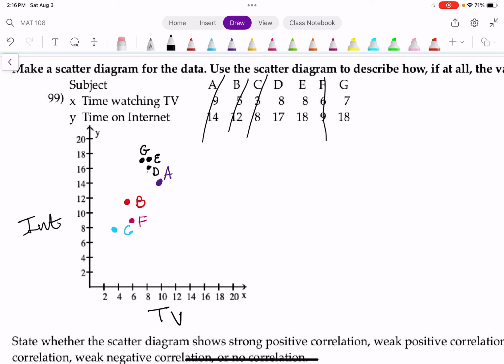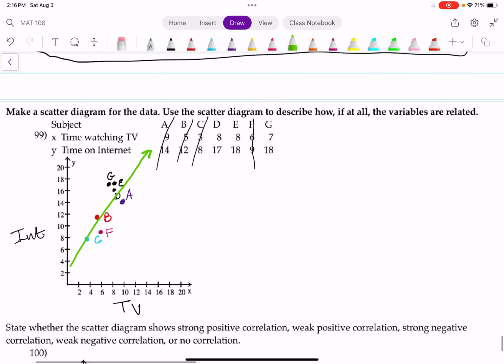Okay. And the trend of this data looks to be positive. The data looks to be increasing. So we can say that the variables are related.